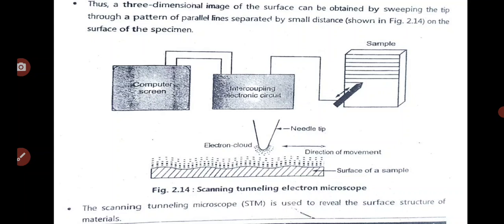The first is the specimen, made in the form of one electrode, and the other is a metallic material with a sharp needle, which is very close to the material surface to scan it and detect the nature of the surface. By scanning with this instrument, we get a clear idea of the surface, topography, or structure of the material.